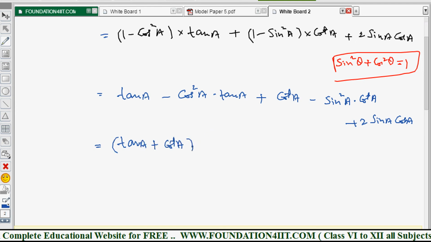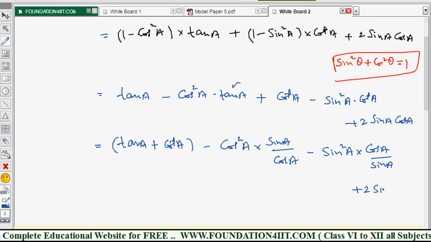The remaining is minus cos square A into, in the place of tan A we will write sin A by cos A, right? Minus sin square A, in the place of cot A, cos A by sin A, because to cancel everything I took this first step, and plus 2 sin A cos A as it is.